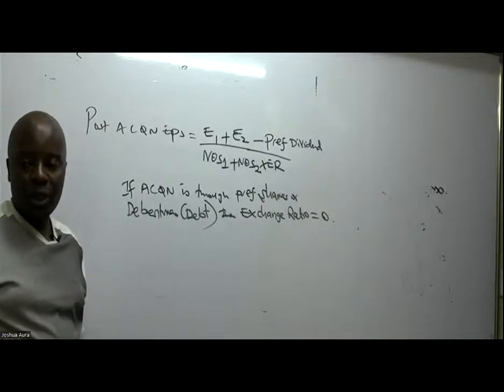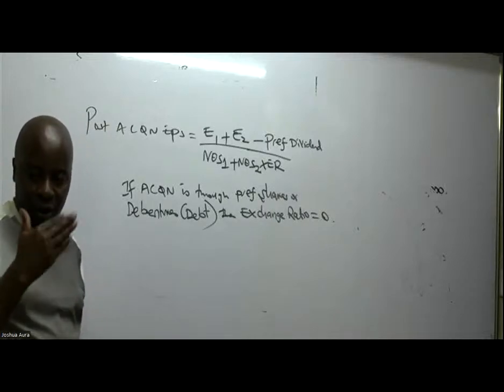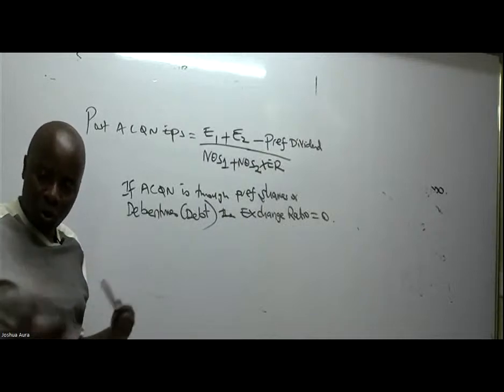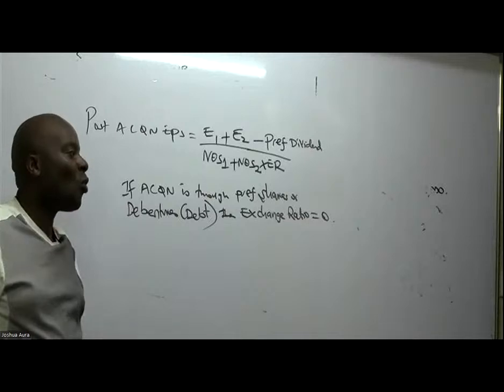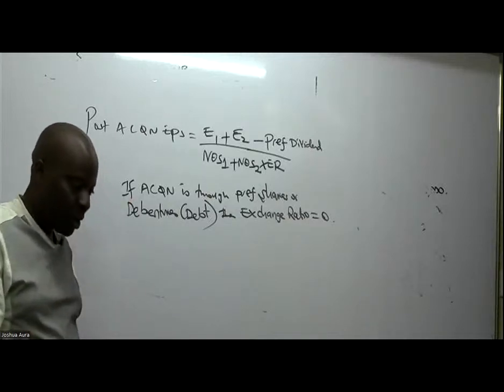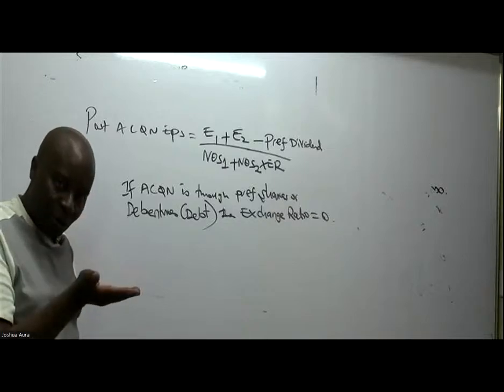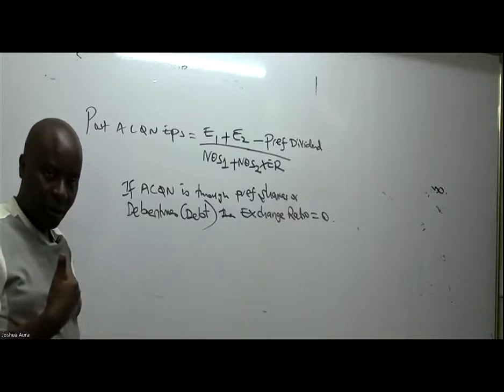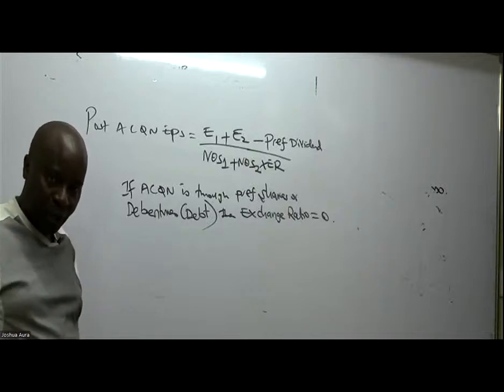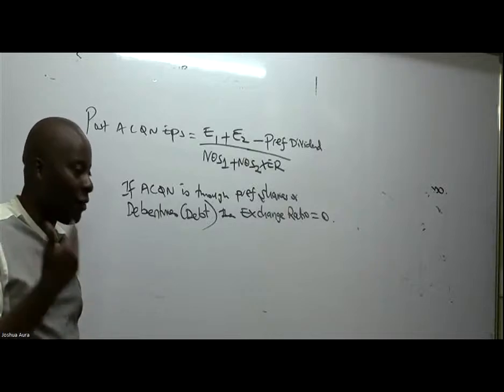Whenever acquisition is through preference shares or debenture capital, that for us to have acquired a firm, we either gave out our preference share capital, or we gave out debt instruments to be able to acquire a firm.